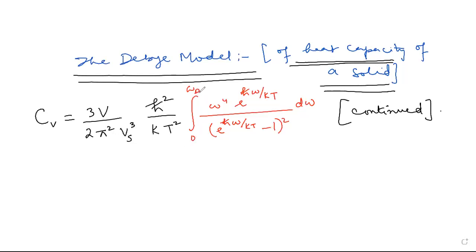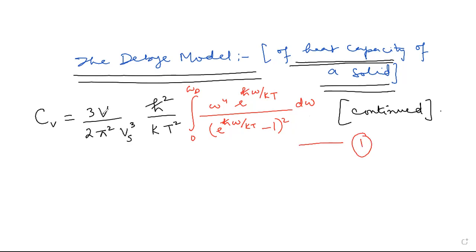Then we have the integral 0 to omega d, omega raised power 4 e raised power h cross omega over kT, then in the denominator e raised power h cross omega by kT minus 1 square d omega. I will name it equation 1.